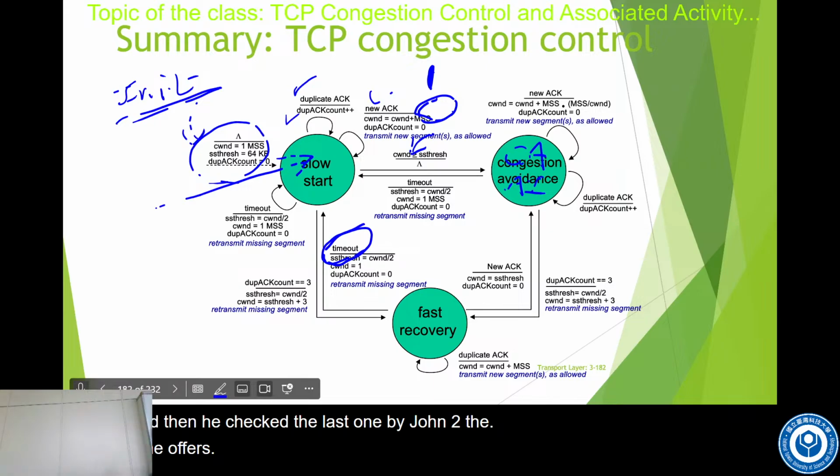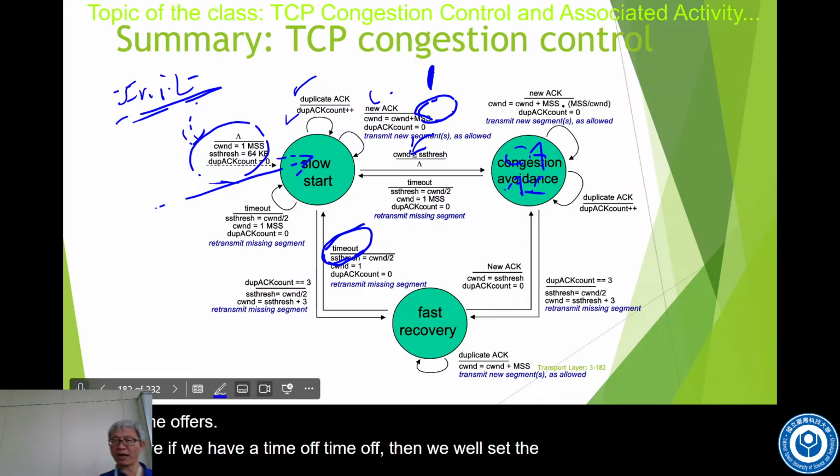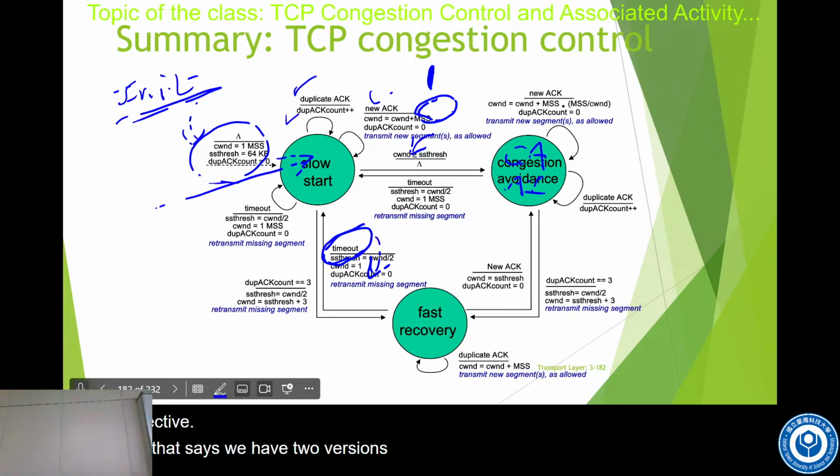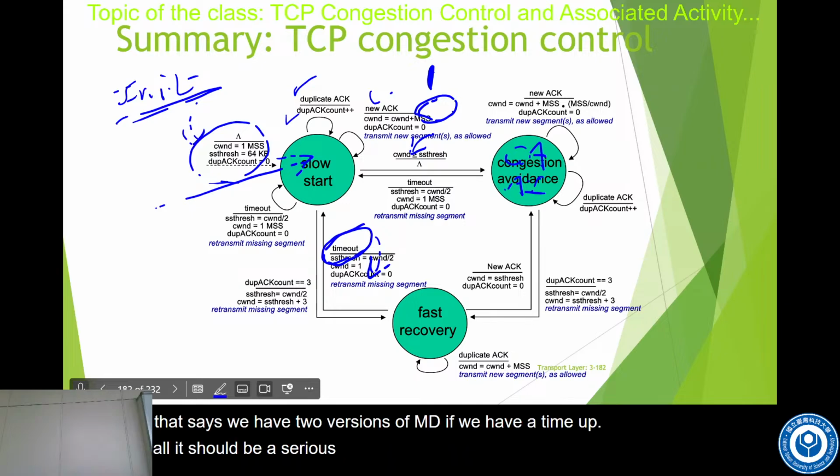Here, if we have a timeout, then we will set the congestion window to 1 directly. So that says we have 2 versions of MD. If we have a timeout it should be a serious event. Therefore, we think we need to start from 1.